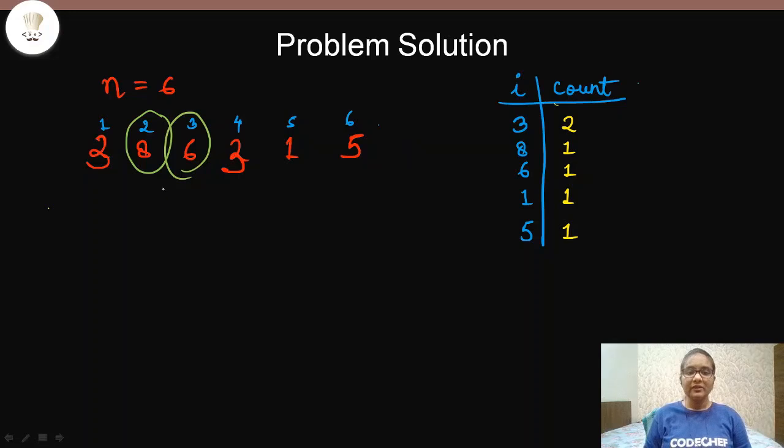So for these kinds of numbers which are present just once in the sequence, the answer will be n minus count for that particular number. How will you get this count value? You will get it by doing a frequency array.